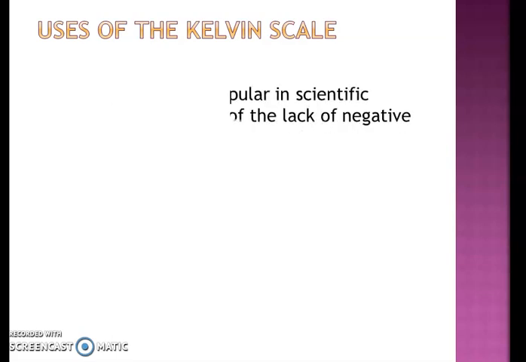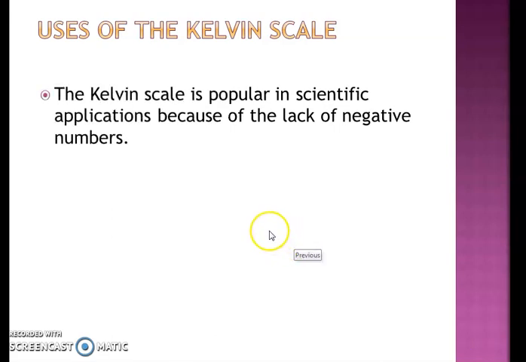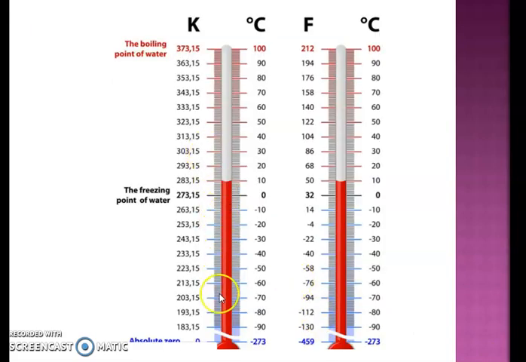There are many advantages of using the Kelvin scale. It is used for almost all scientific calculations and applications. The Kelvin scale is a popular scale. The reason is that if I move back to the previous slide, you can see there is no negative value on the Kelvin scale.